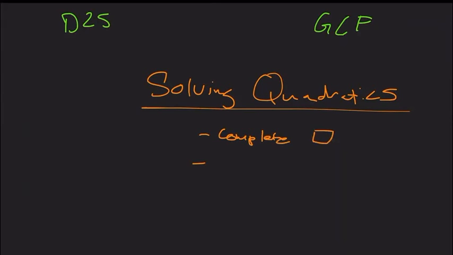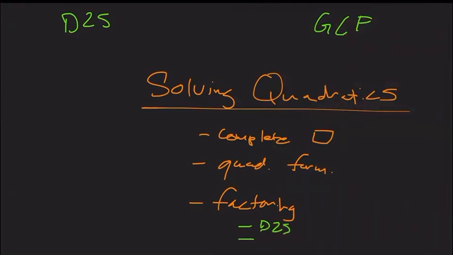There's a method called the quadratic formula. There are other methods, and then factoring is one method. And then within factoring, we have different ways we can factor. That includes the difference of two squares, the GCF, and reverse FOIL. So that's what we've been working on, solving quadratics by factoring.